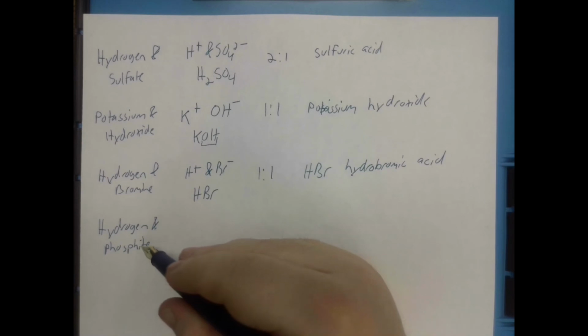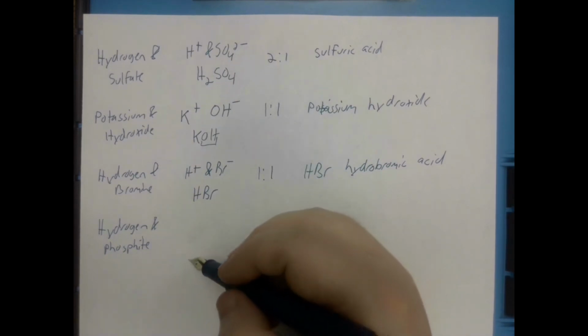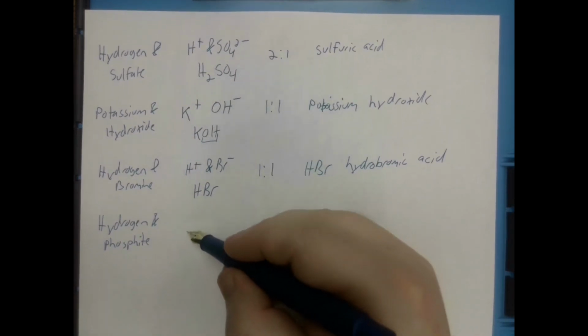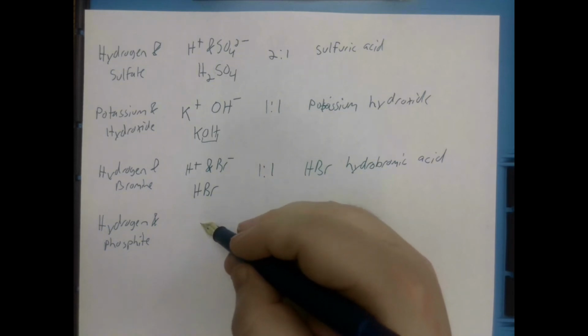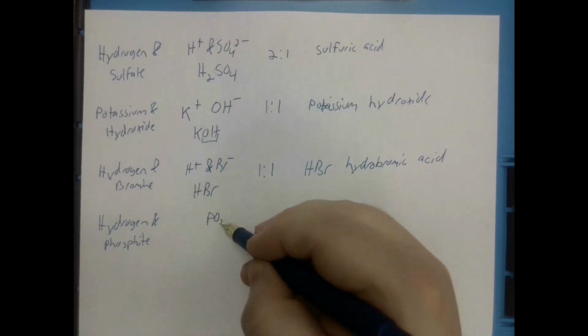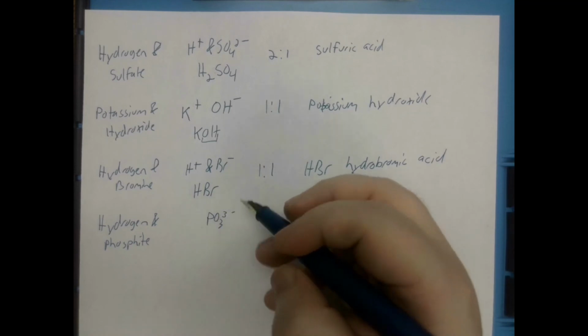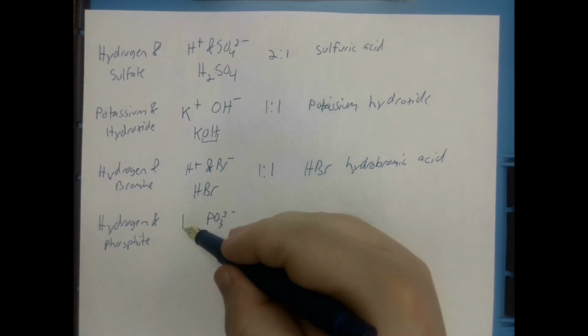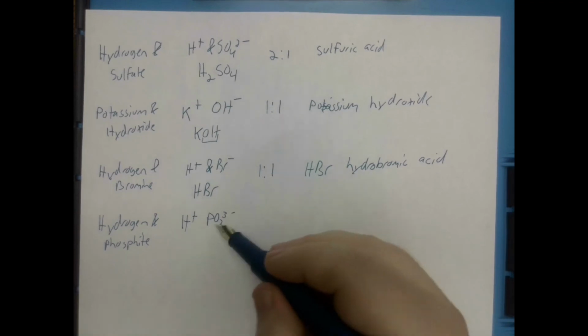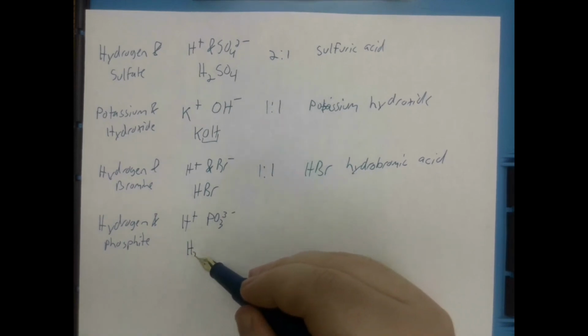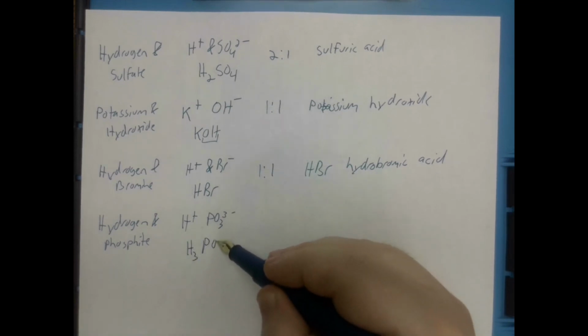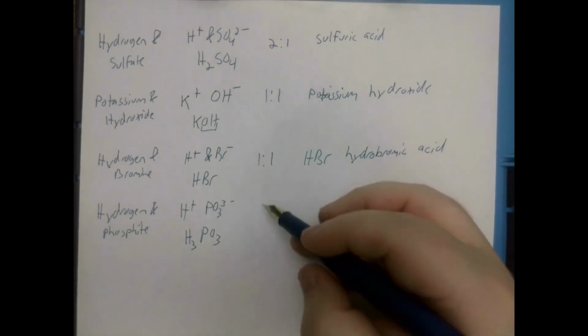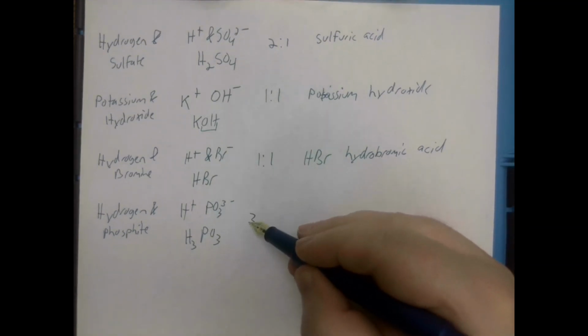So phosphite. Phosphite would mean one less oxygen, so it's normally PO4. So this would be PO3, and that has a 3 negative charge. And hydrogen plus. So doing the crisscross, we need 3 hydrogen to counteract this. So this is a 3-to-1 ratio.